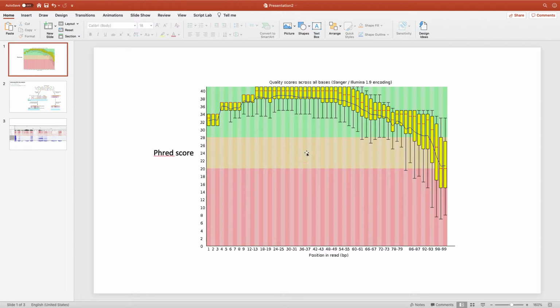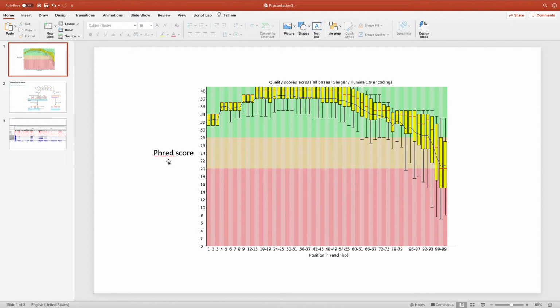So the quality score of all the bases is represented like this, at least in the fastqc result. On the x-axis here, you can see the position in the read in terms of base pairs. So say you got your sequence and you asked the sequencer to read 100 base pairs of your reads. Each segment here represents one base pair, all the way up to 99.